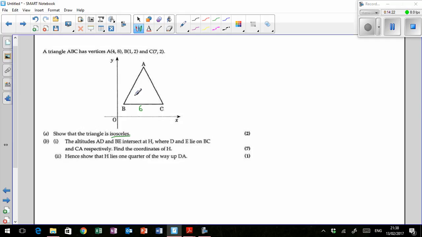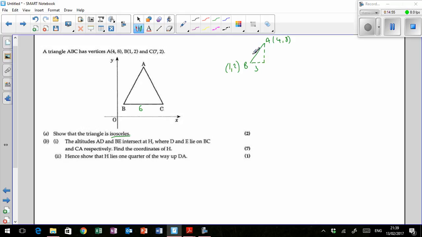Between A and B, or the side AB and the side AC, that's just going to work from getting the triangles. So in there, we've got a triangle BA, and that goes between 1, 2 and 4, 8. Along the x direction between 1 and 4, we know that is 3.